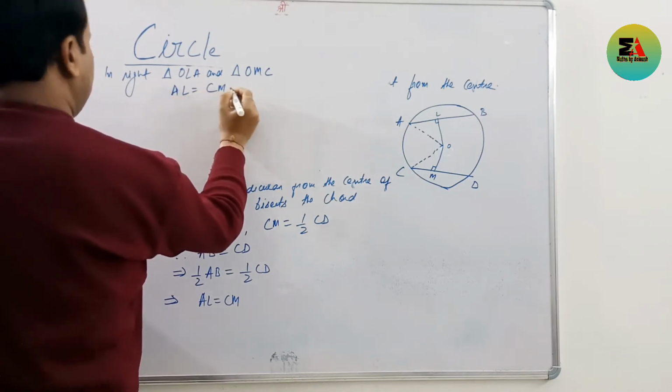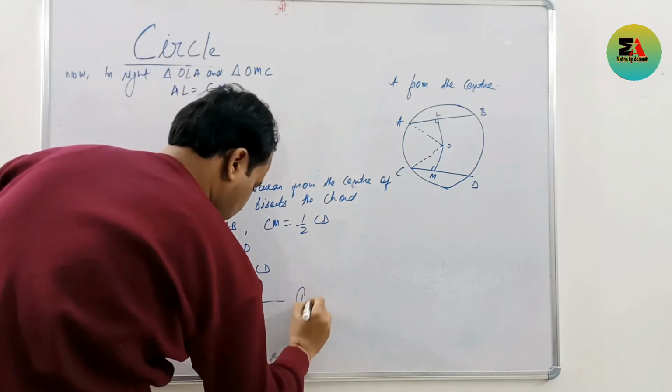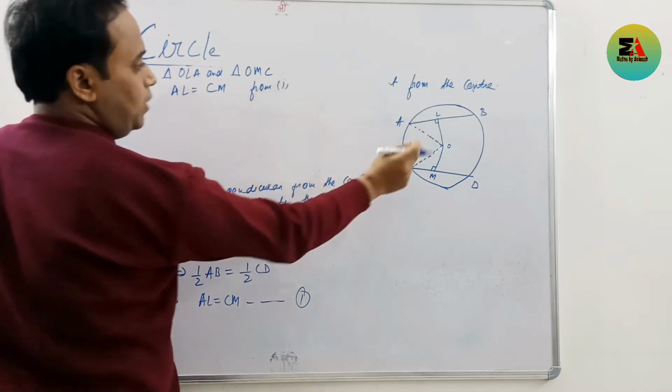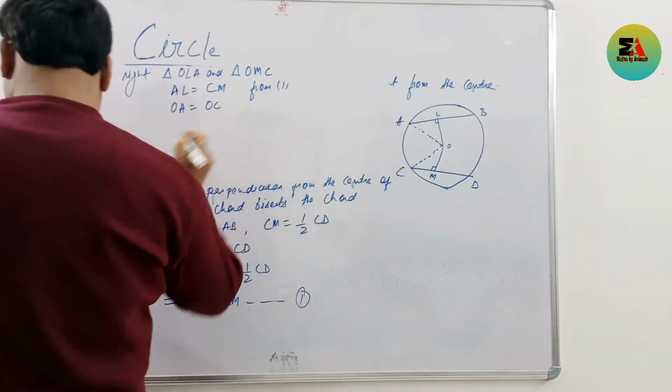AL is equal to CM. This is first. And OA equals OC, radius.